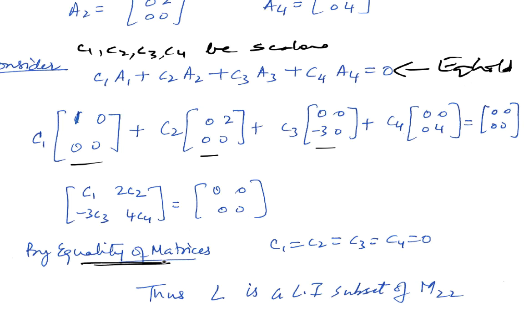By equality of matrices, this is only possible if C1, C2, C3, and C4 are 0. So we started with this equation and found that the only way it will hold is when all the Ci's are 0, which is the definition of linear independence. So yes, L is a linearly independent subset of M22. Remember, it's a subset because M22 is an infinite set of all possible 2 by 2 matrices, and this L only has 4 of them.